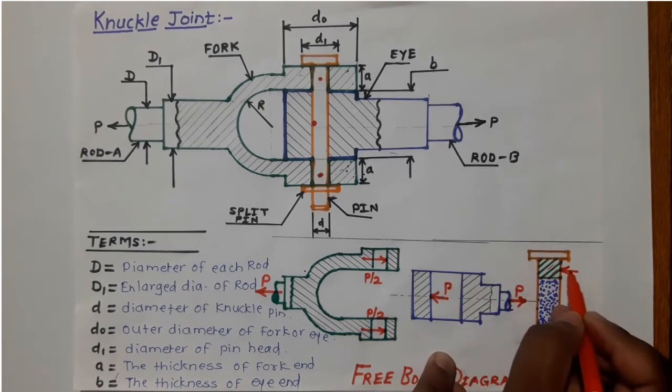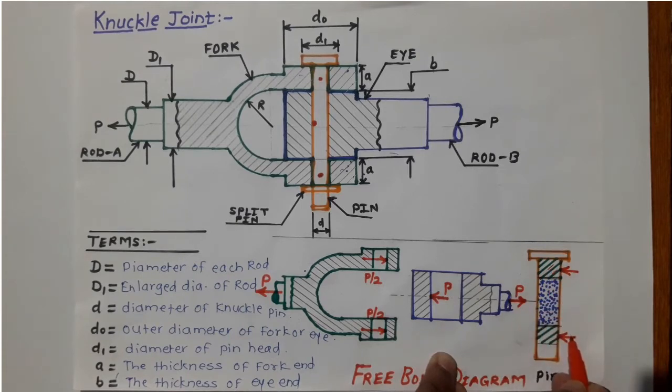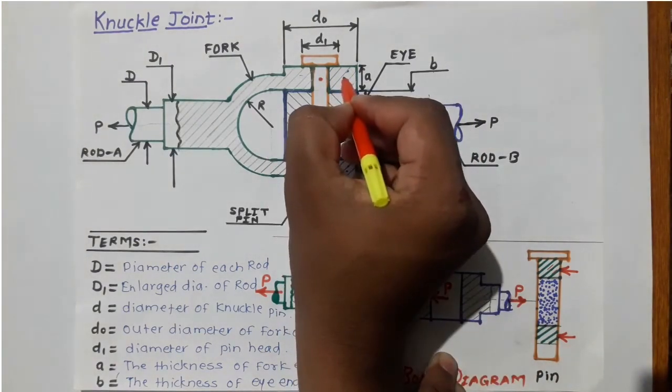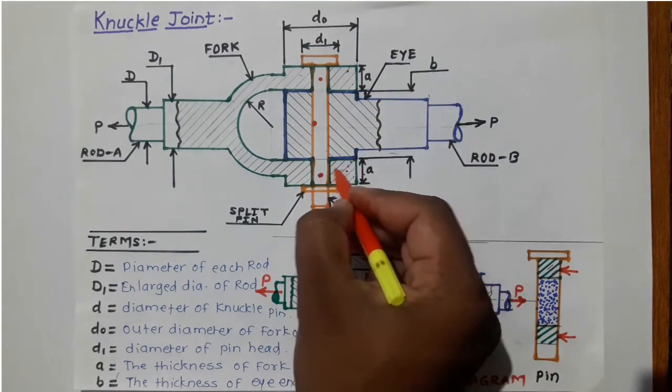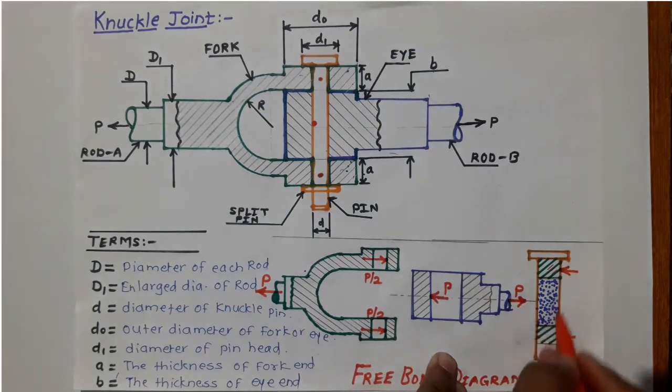This is the force applied by the top end of the fork on the pin, and this is the force applied by the bottom end of the fork on the pin, at these 2 points.